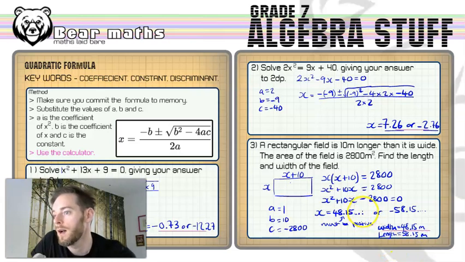All right, and there you go. And if you multiplied those two together, you wouldn't get exactly 2,800 because we've rounded those numbers. All right, but that is good enough for all the marks on a question like that.